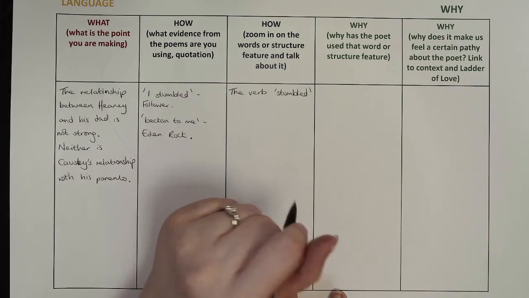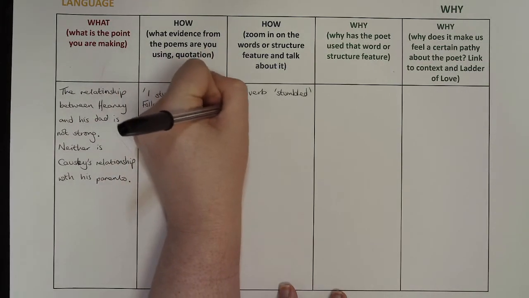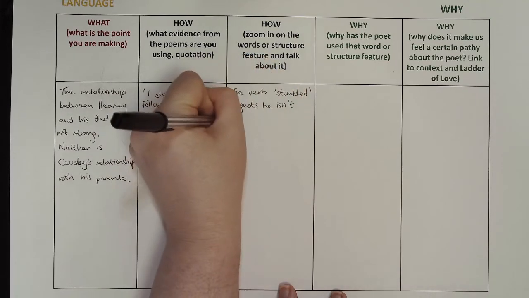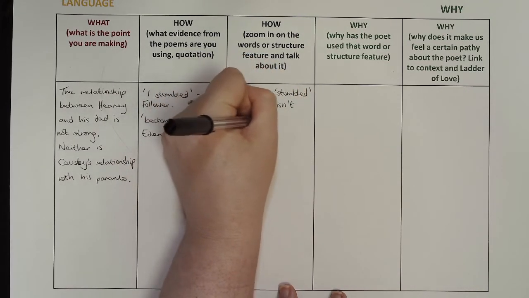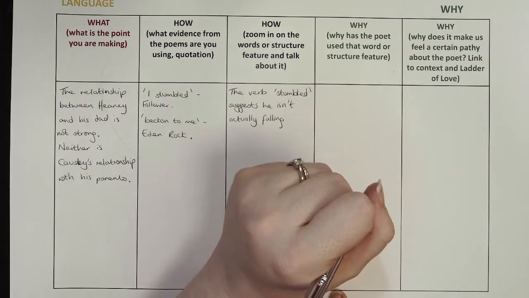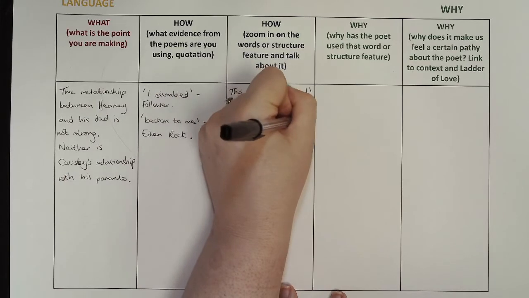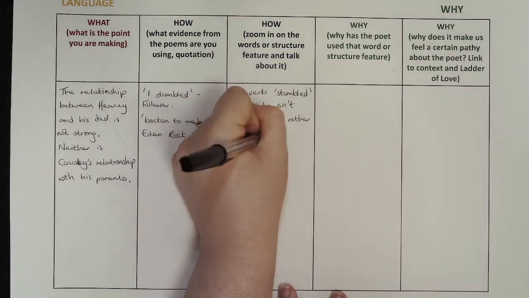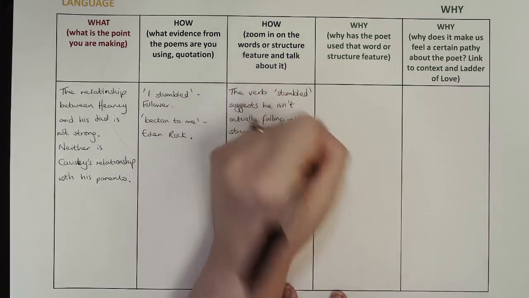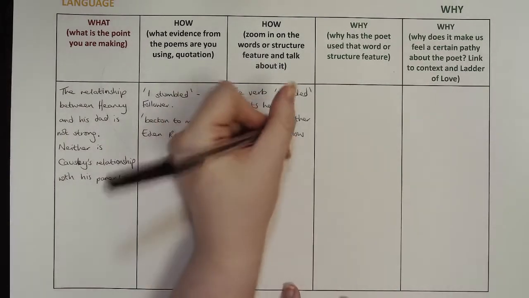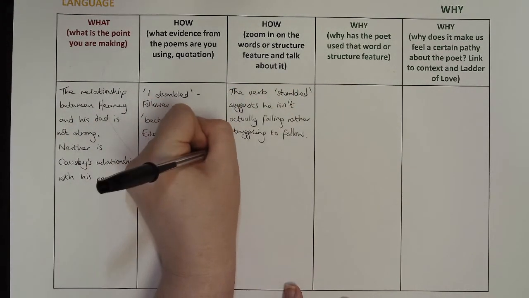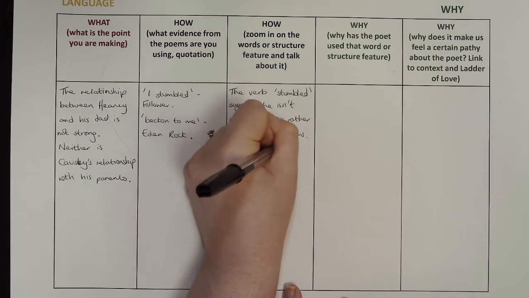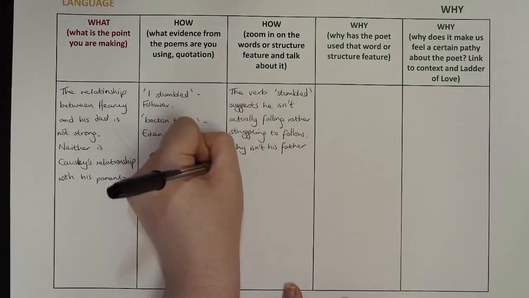The verb "stumbled" suggests he isn't actually falling, rather struggling to follow. And a question I'm just going to pose for myself is, why isn't his father helping him?